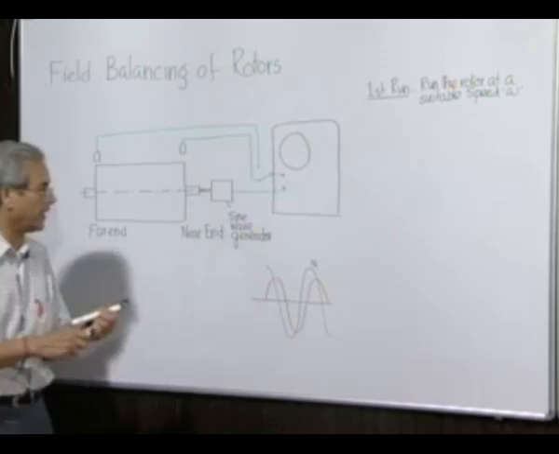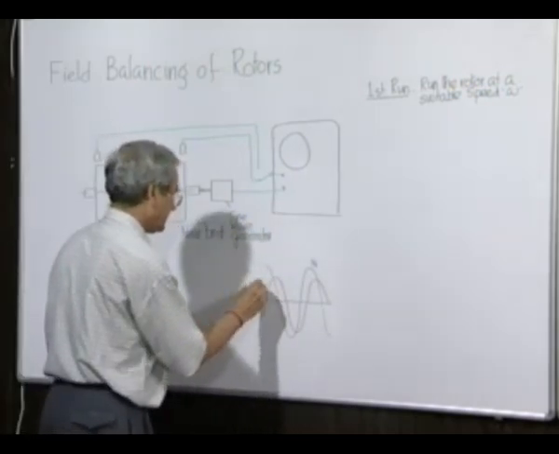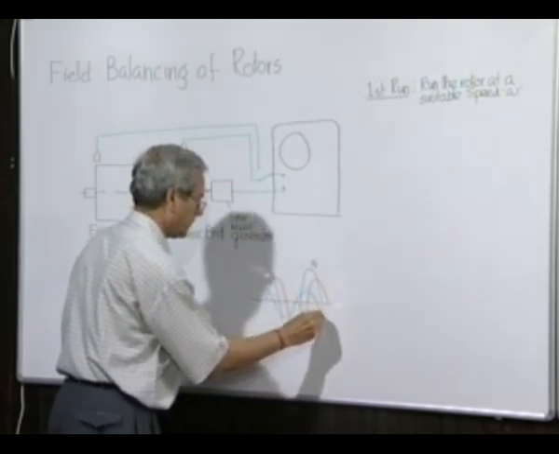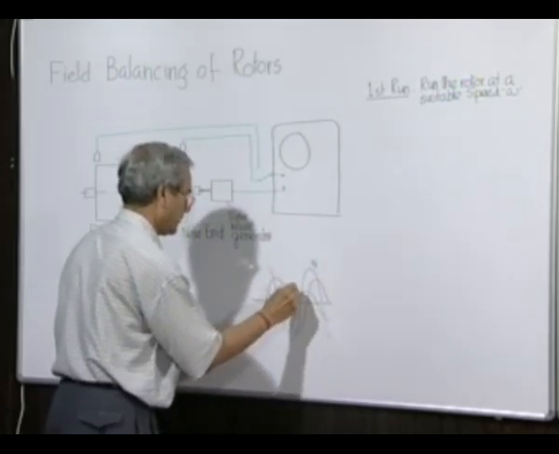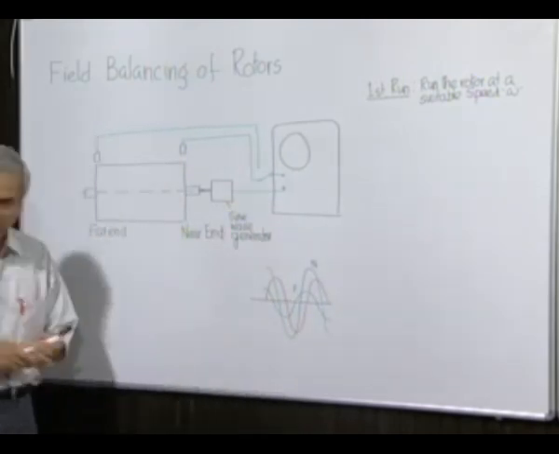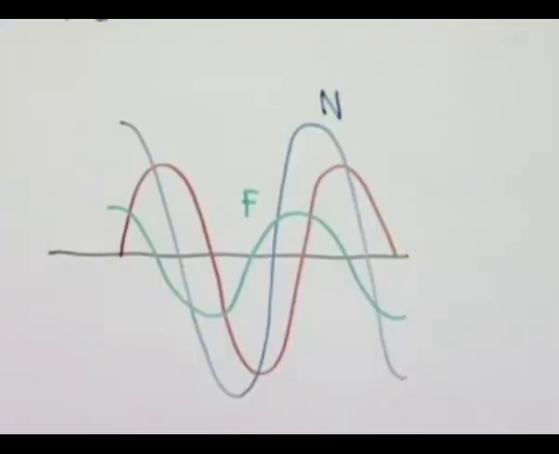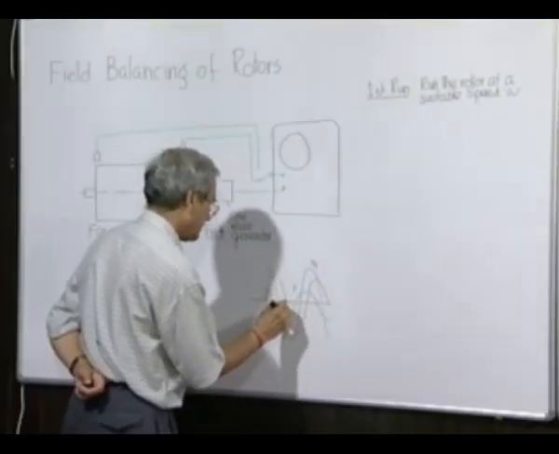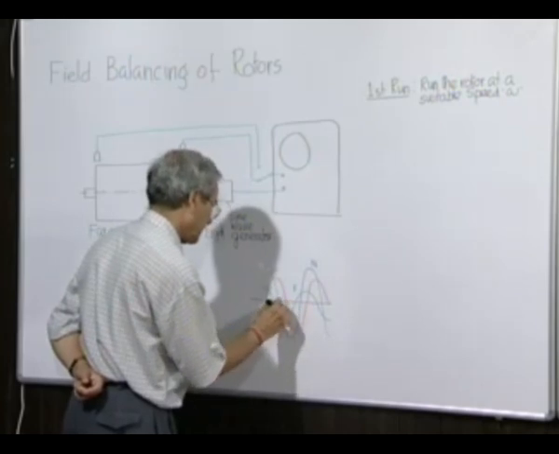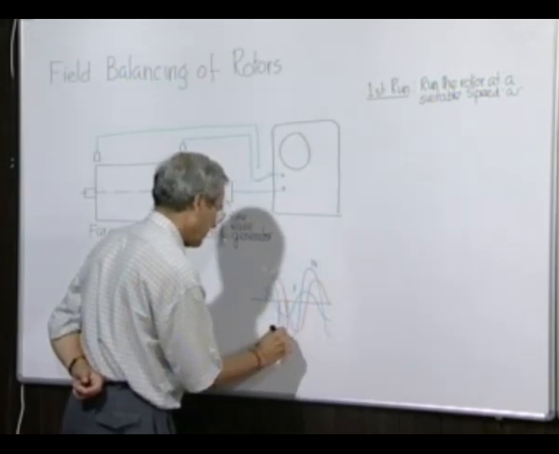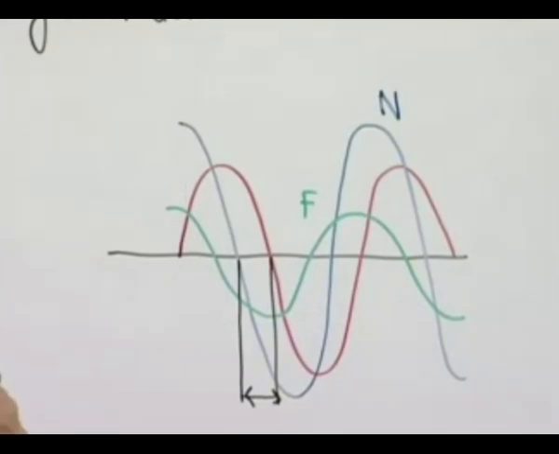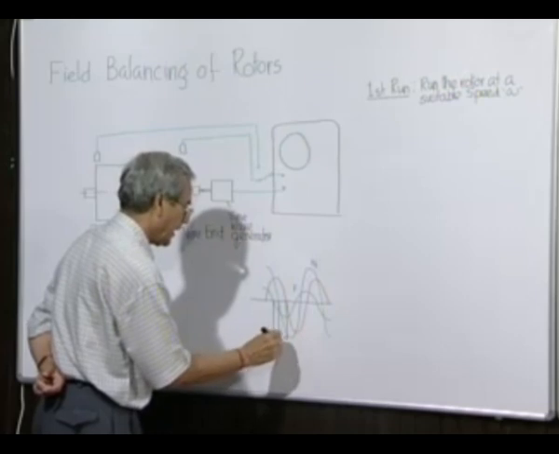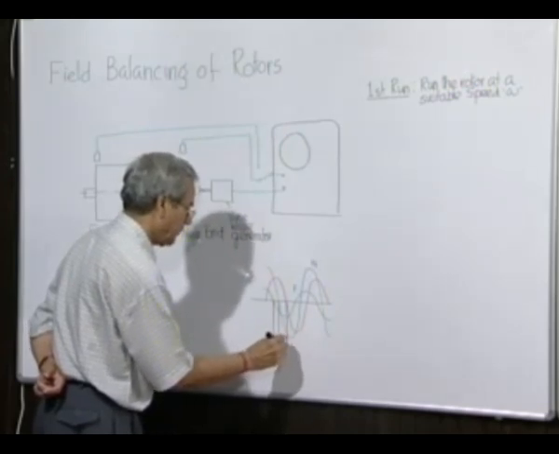And the far end. So this oscilloscope signal tells us the phase lead of the near end response or near end sine wave which you get, and this is the far end.